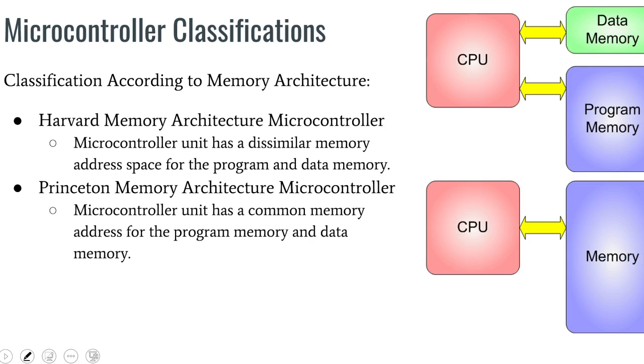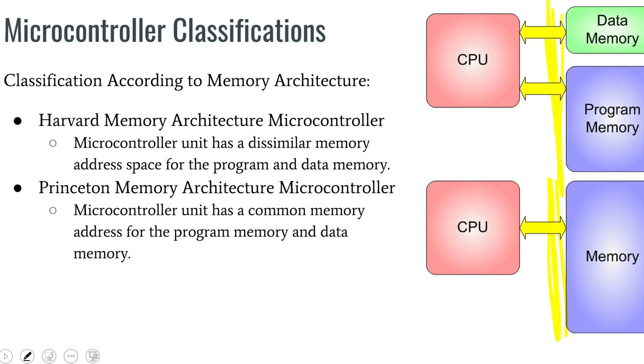Then in terms of the memory architecture, again, if you recall from your computer architecture lessons, we can classify computers based on whether we have a single memory architecture for both program memory and data memory, or we use separate memory allocations for data memory and program memory.